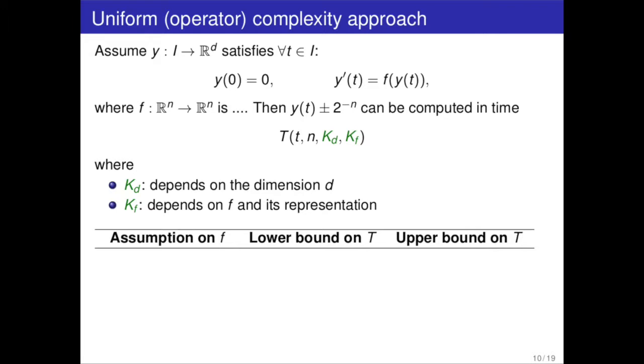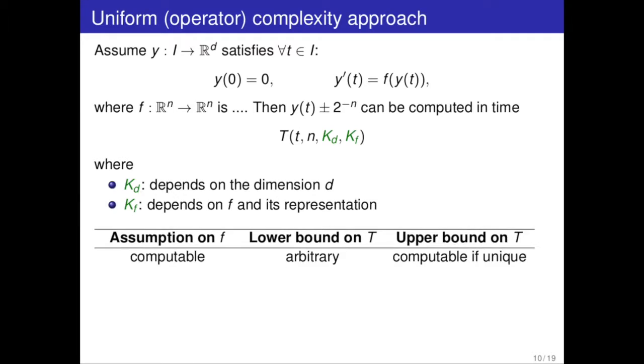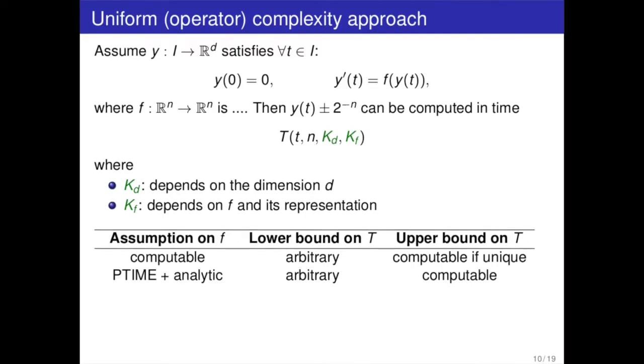And the problem is, when you start caring about this, it's going to give a completely different picture. All I've said before is going to look like it was a lie. Why? Because, of course, if f is computable, then y is computable. As I said at the beginning, the map is computable. But if f is p-time and analytic, then the map is not polynomial time computable. In fact, it can have arbitrarily high complexity.